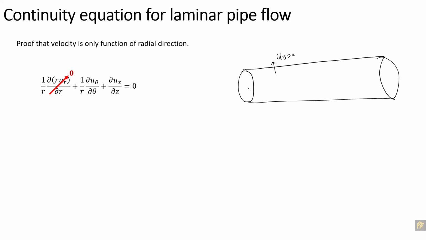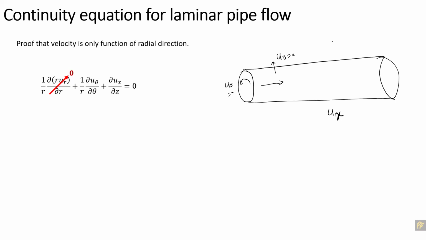Also, we are assuming that the flow has no change across the angular coordinates. So it means that u theta is also equal to 0. Okay. So the only velocity we have, and this is a very simple case, is that if you enter from here, the only way you can go out is the axial direction. So the only velocity we have is the axial. So we denote that axial velocity by x.